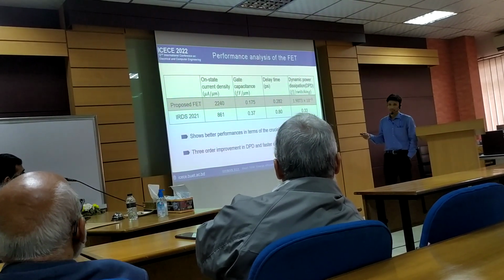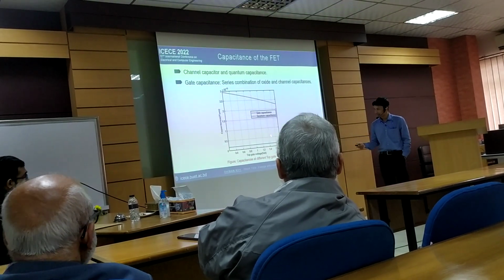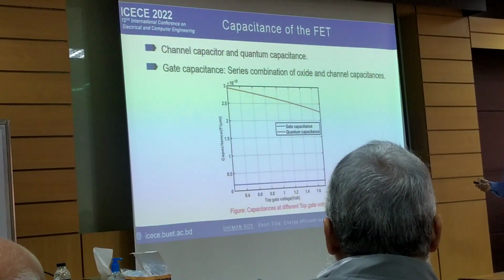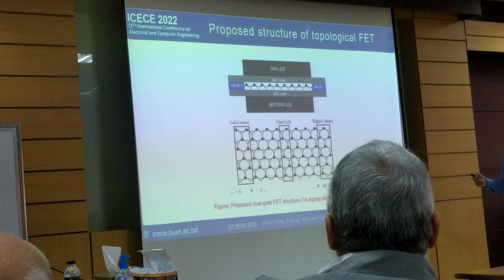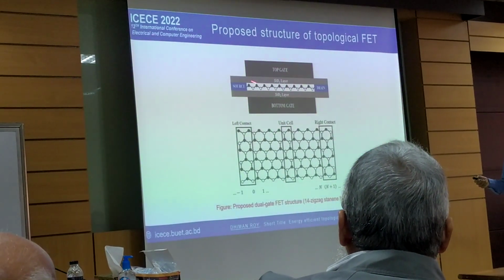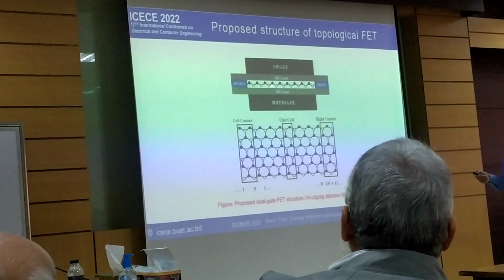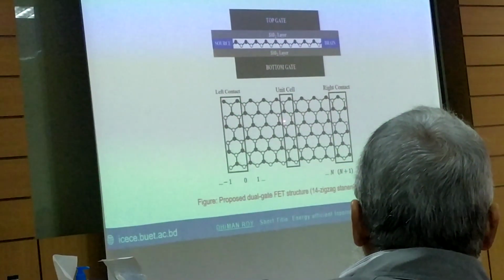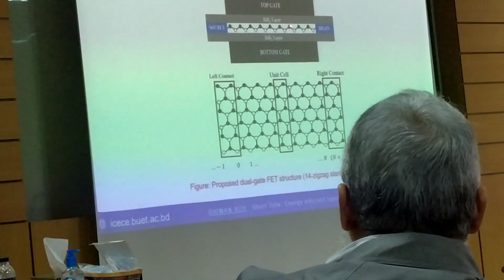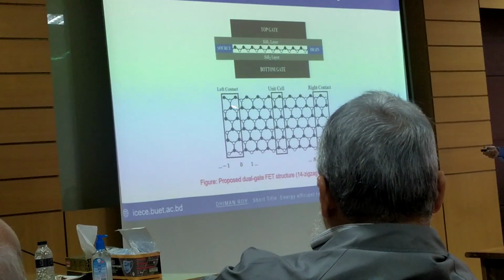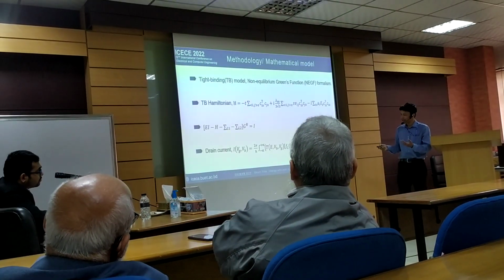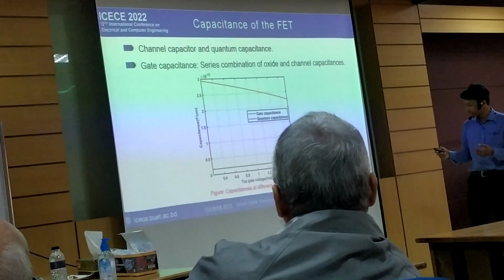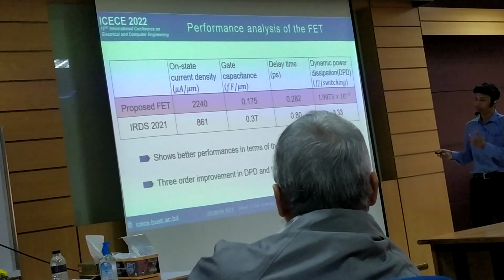R we can easily find as the bias voltage divided by current, and C we have found from the gate capacitance, which is the series combination of the quantum capacitance and the classical capacitance. And basically this was our proposed structure. These are the channel, and this acts as the capacitor, but as it is 2D, there is a differential change of the occupation of the density of states due to the differential change in the gate voltage. That's why we have termed it the quantum capacitance. And from this, through NEGF or different kinds of systems, we have found the carrier correlation function, and from that we have calculated this capacitance value, and we have used the value in those calculations.